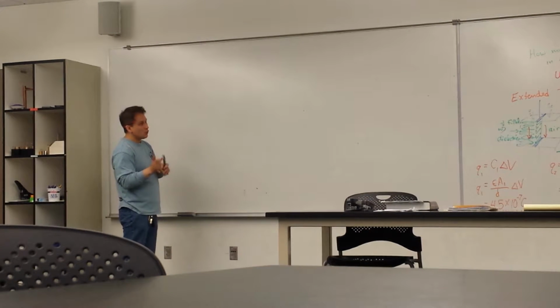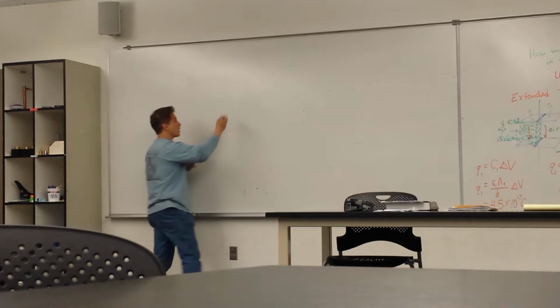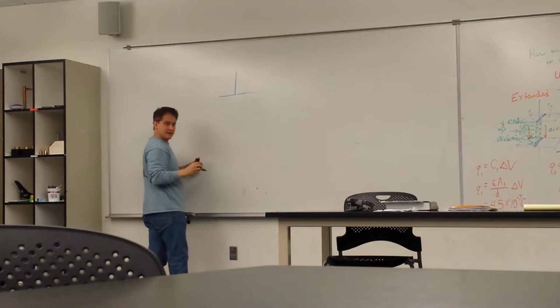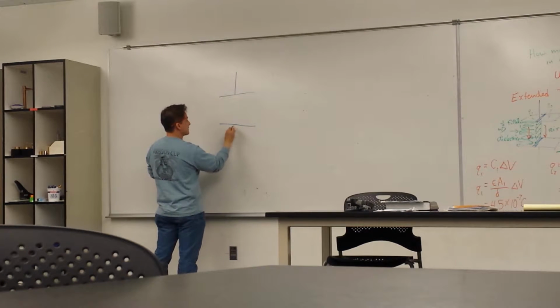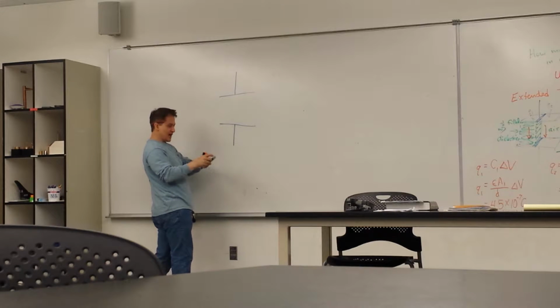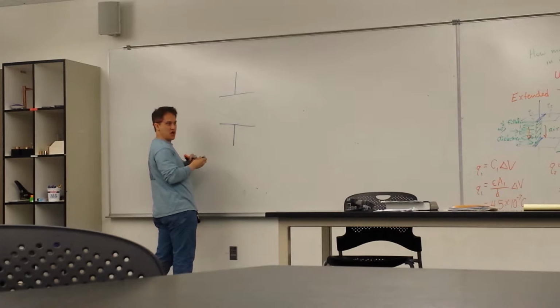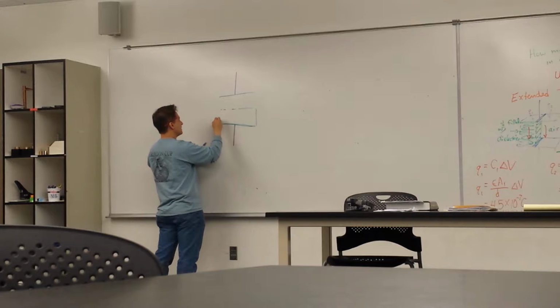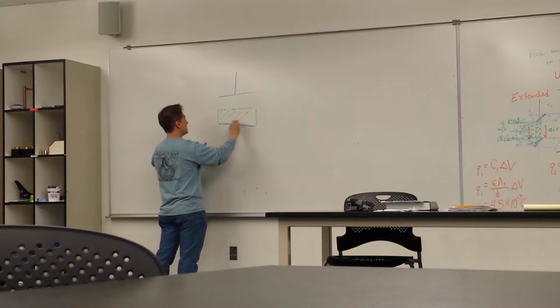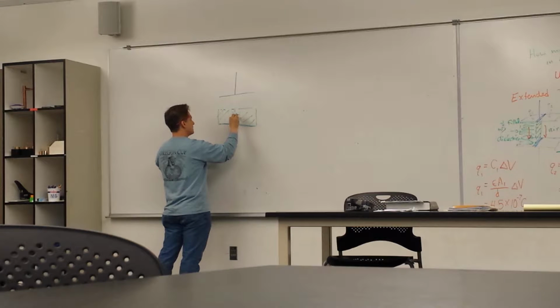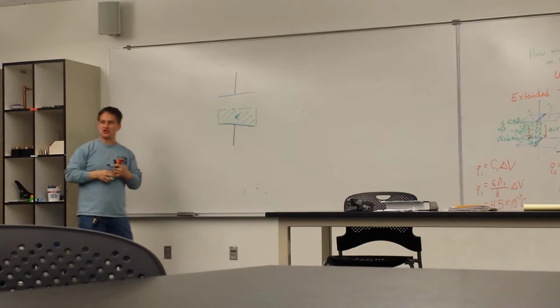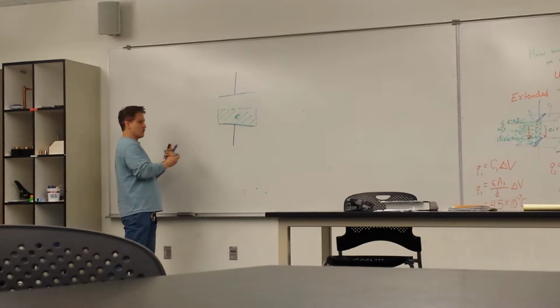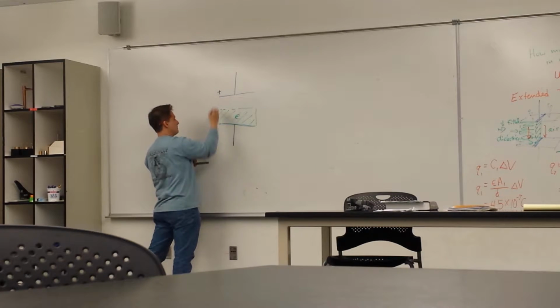Now, what happens on the flip side of our problem? If you were to take the same dimension of a capacitor, but fill it with a dielectric this way instead. Same D, same V, everything else the same.